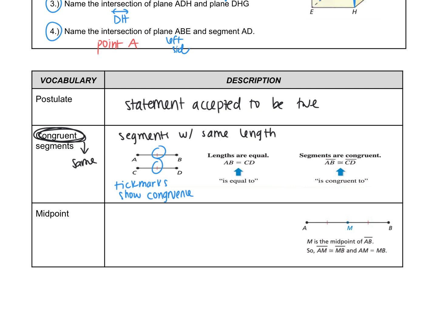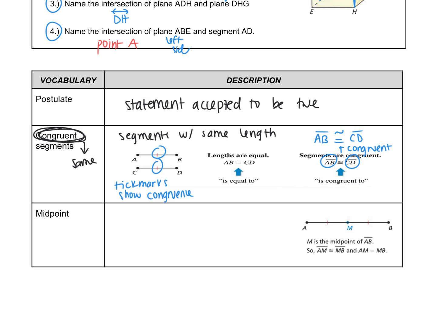What I want you to see on the right is we have segments, segment AB and segment CD, and you don't just stick an equal sign in the middle of them. The congruent symbol has that equal sign, and then it has a tilde over the top. So when you see that symbol, it means congruent, and it just means that the segments have the same length.